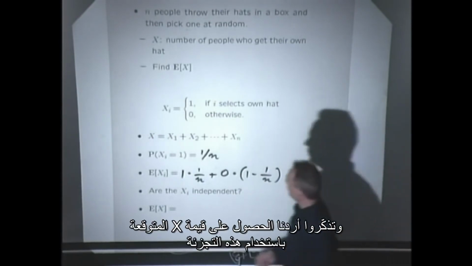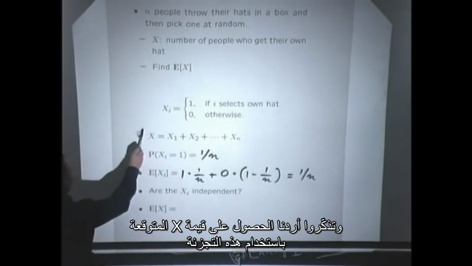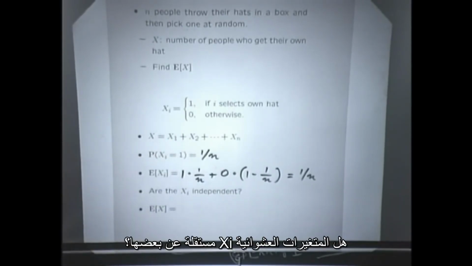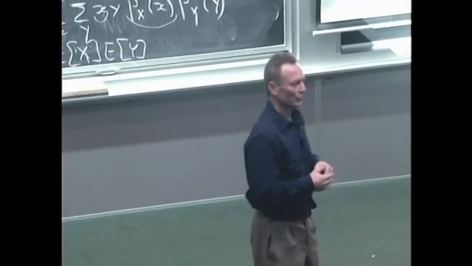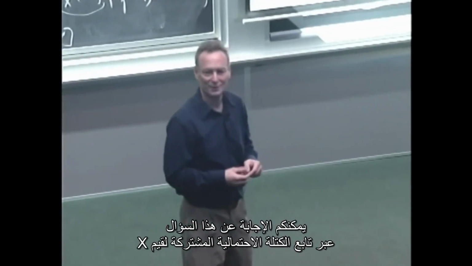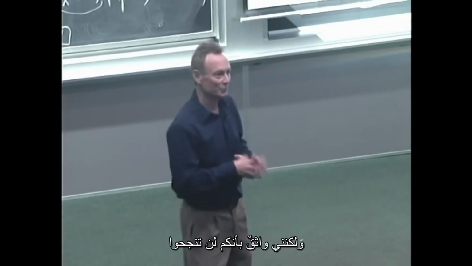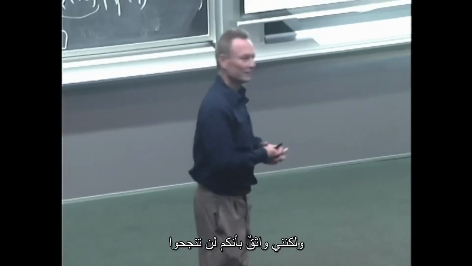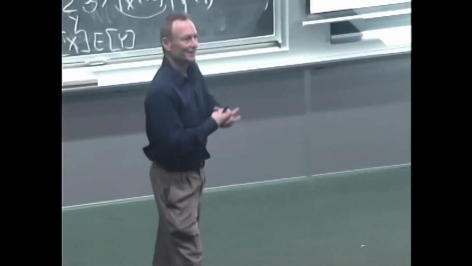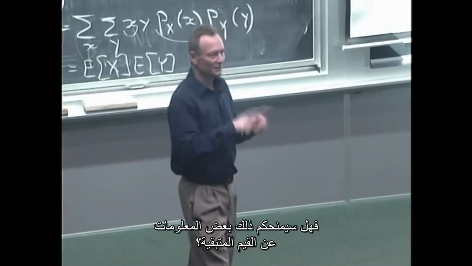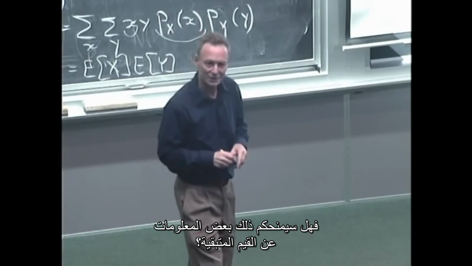Okay. All right, so we got the expected values of the xi's. And remember, what we want to do is to calculate the expected value of x by using this decomposition. Are the random variables xi independent of each other? You can try to answer that question by writing down a joint PMF for the x's, but I'm sure that you will not succeed. But can you think intuitively? If I tell you information about some of the xi's, does it give you information about the remaining ones?